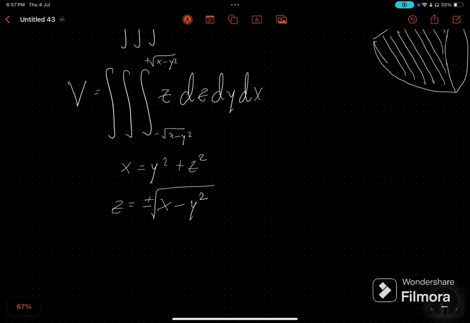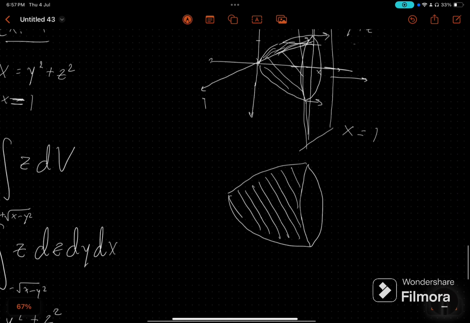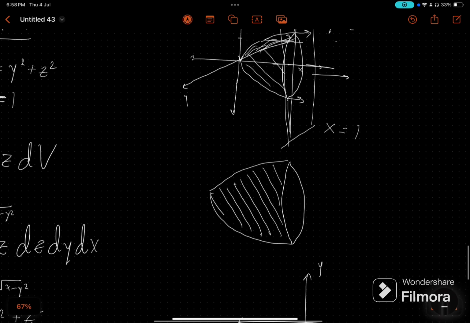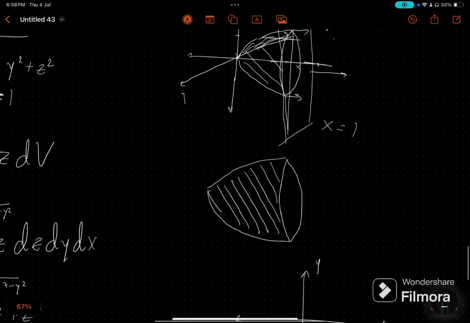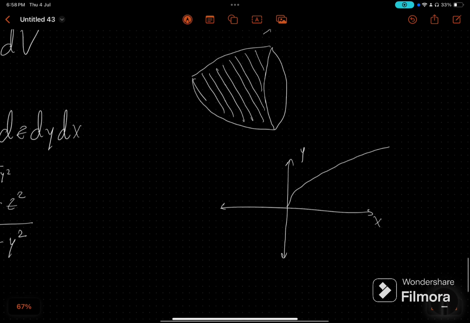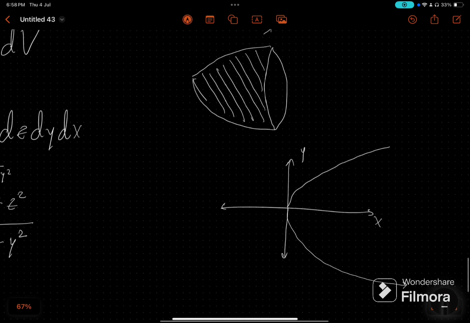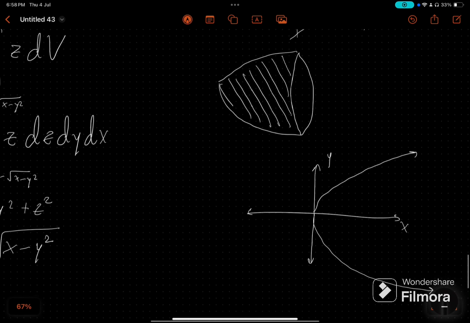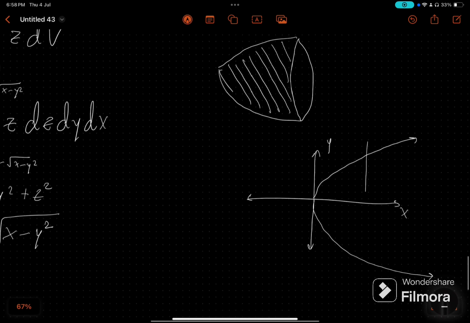Now let's draw our xy plane. It's going to look like a parabola, something like this. This is in the xy, and this is our x equals 1. So this is our region in 2D.